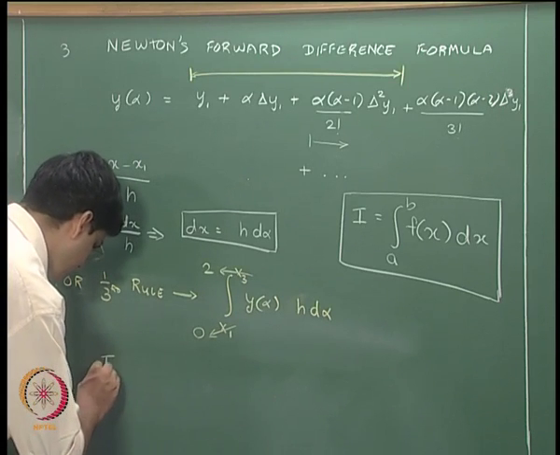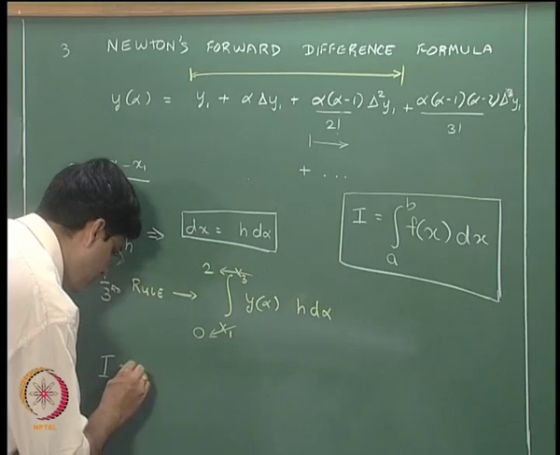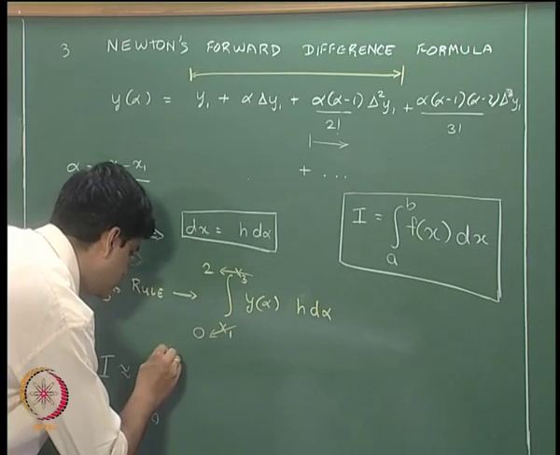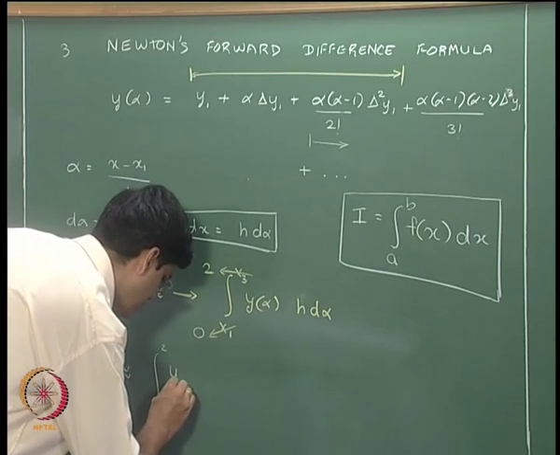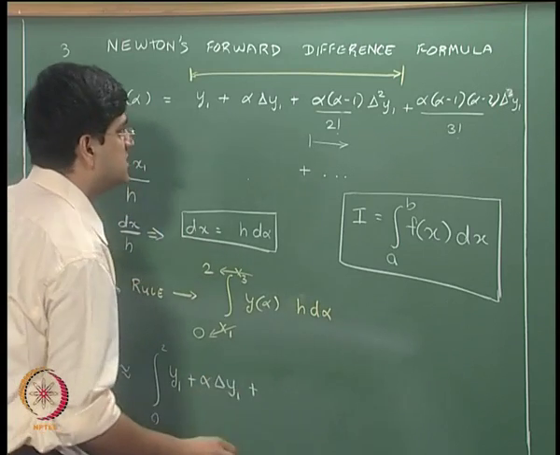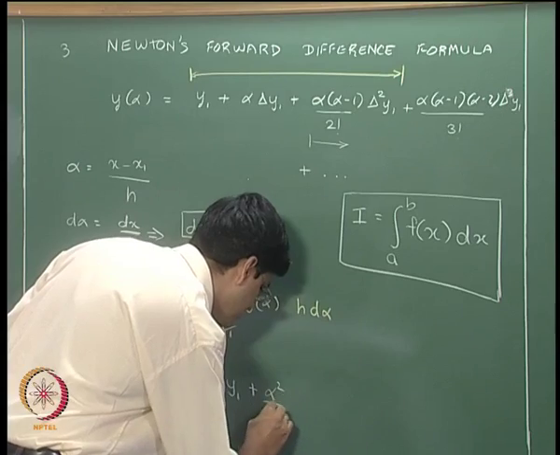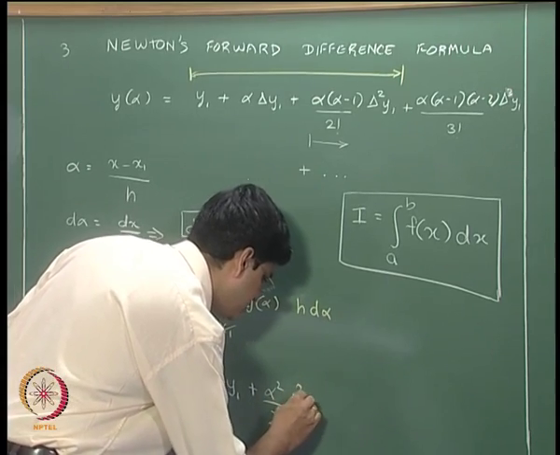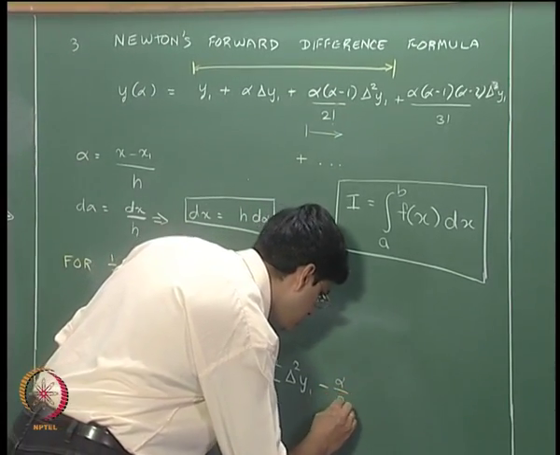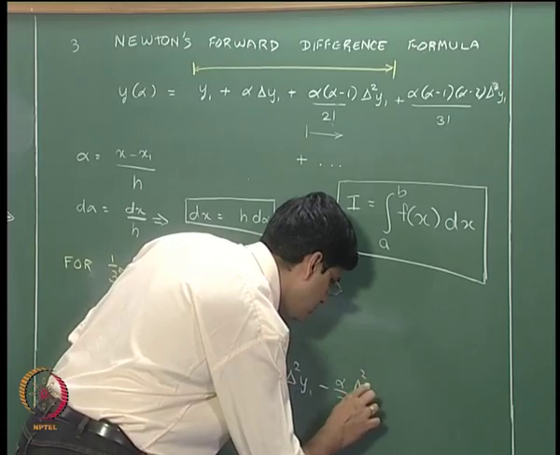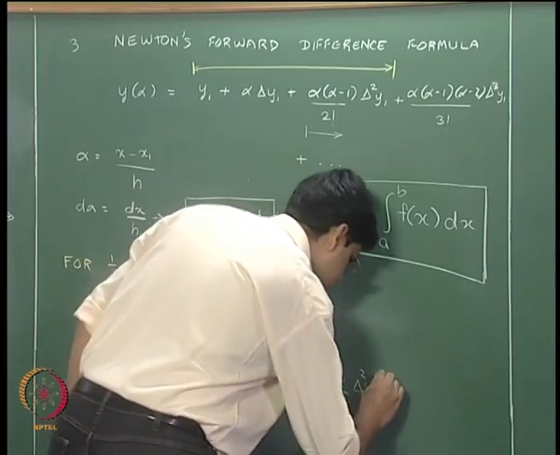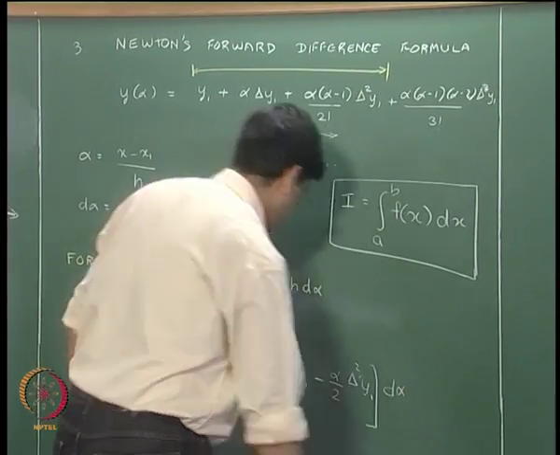Okay, so I by 1/3 rule is going to be approximately equal to integral from 0 to 2 of y1 plus alpha delta y1 plus alpha squared by 2 delta squared y1 minus alpha by 2 delta squared y1, d alpha.